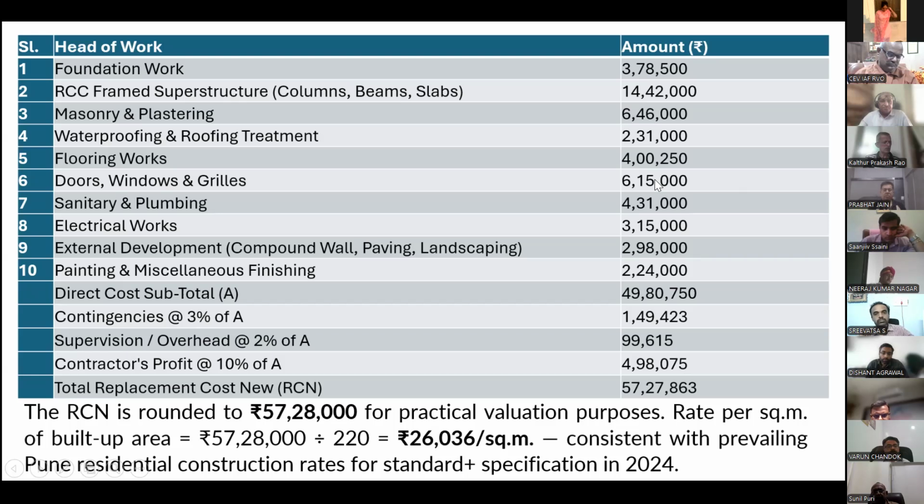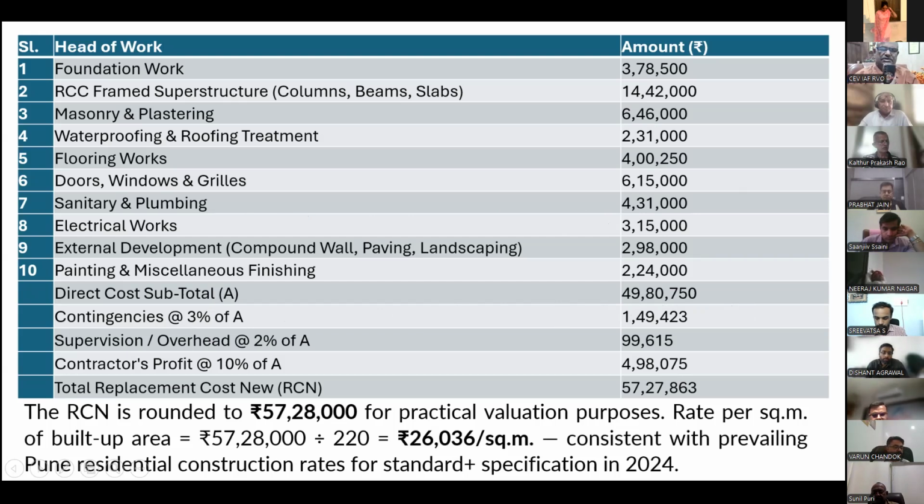Flooring works, 4,250,000. Doors, windows and grills, 6,15,000. Sanitary and plumbing, 4,31,000. These are the different things which we have calculated. And this is a subtotal of all, 49,80,000.